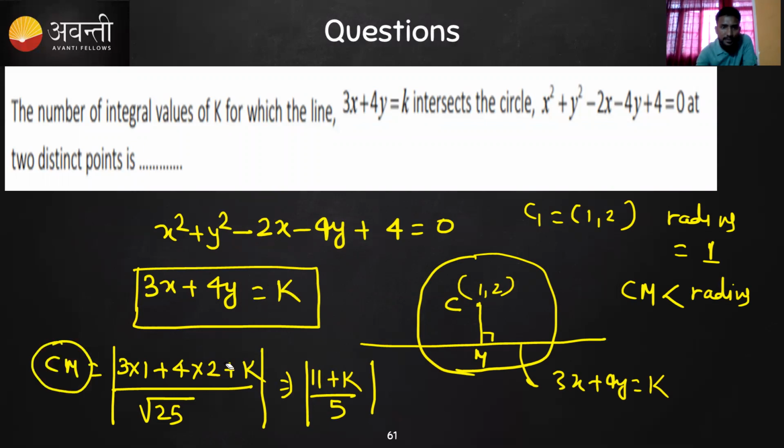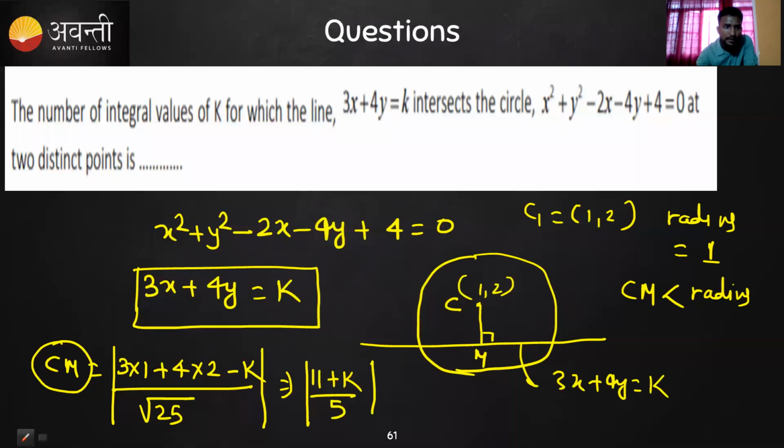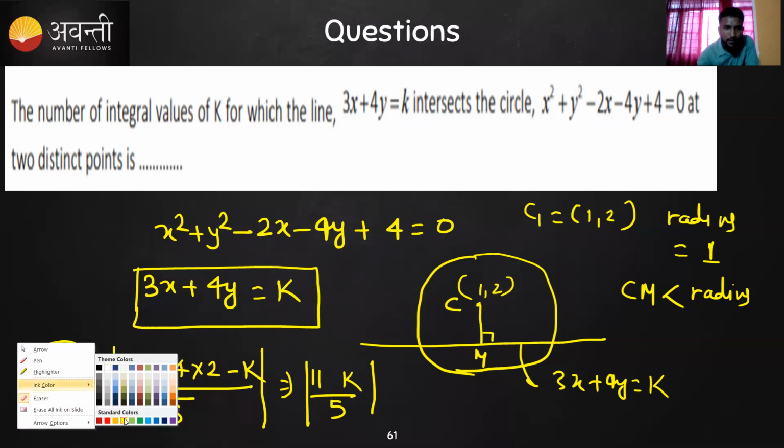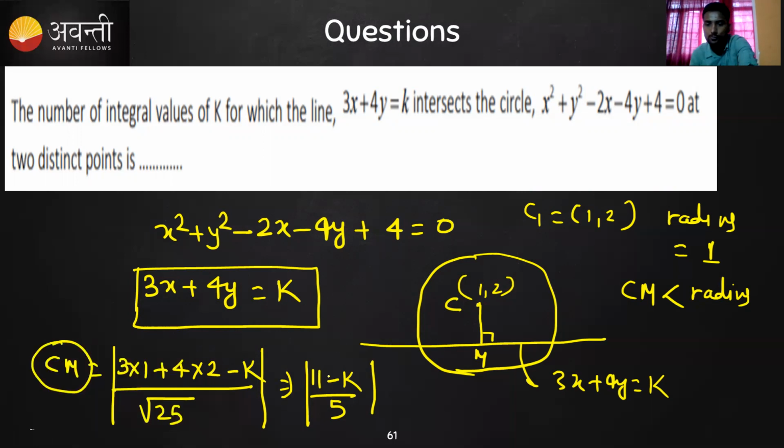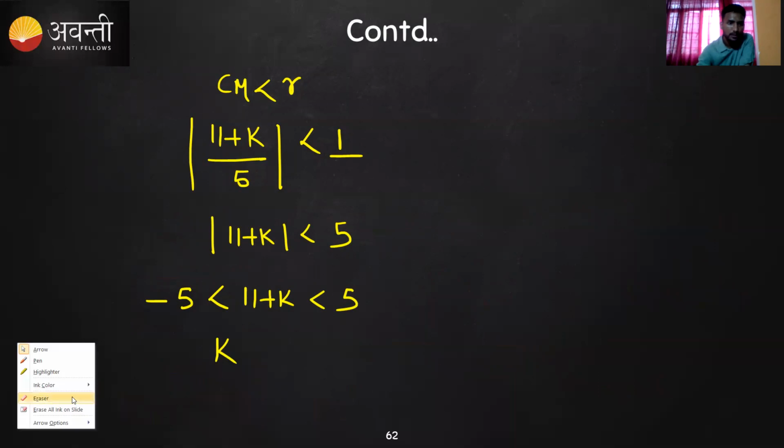So if it is k, it will be basically minus k, right? Okay, it will be minus k. So again here it will be minus of k. Again it is 11 minus k. So I have just made a simple mistake, guys. So just understand things.